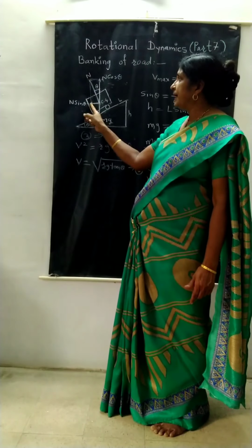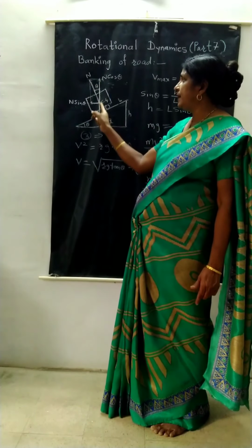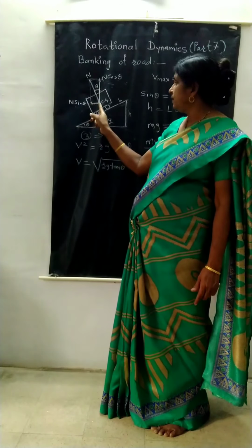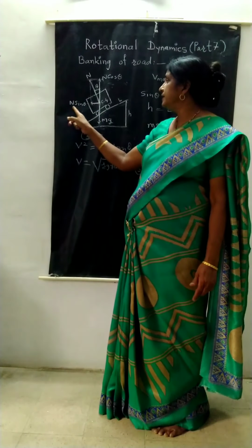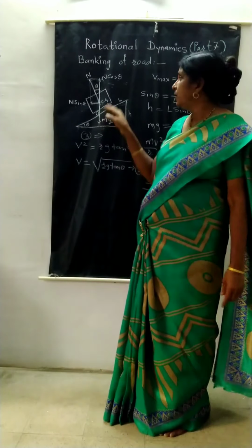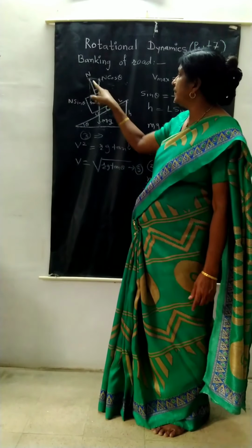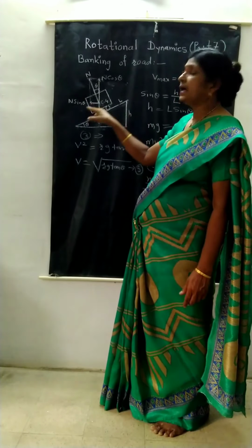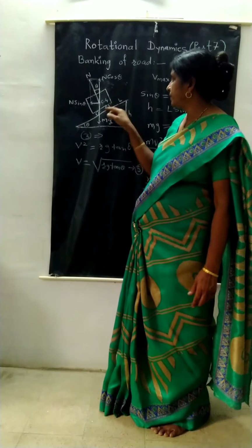This side is parallel to the upper one and they are equal in magnitude, therefore, this side will be N sin theta. Thus, we have resolved the normal reaction N into two components, N cos theta and N sin theta.